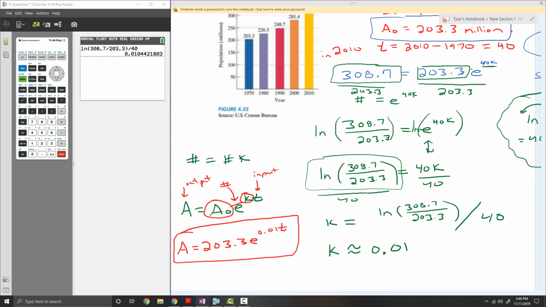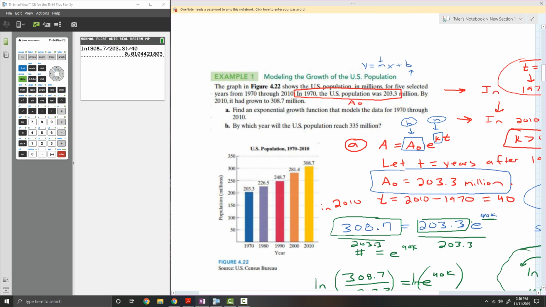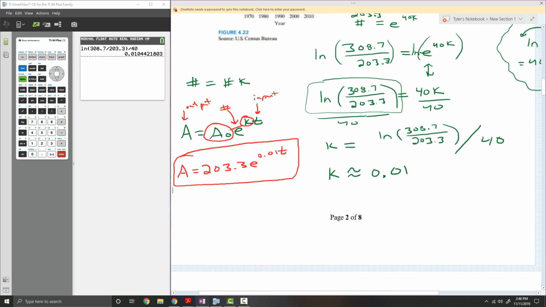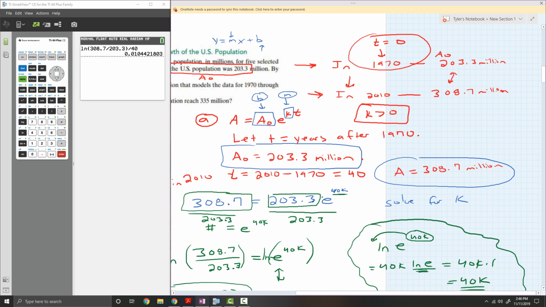All right. So now that we have a model, part B. If you look back up, part B was by which year will the U.S. population reach 335 million. So let me just go over here to the side.